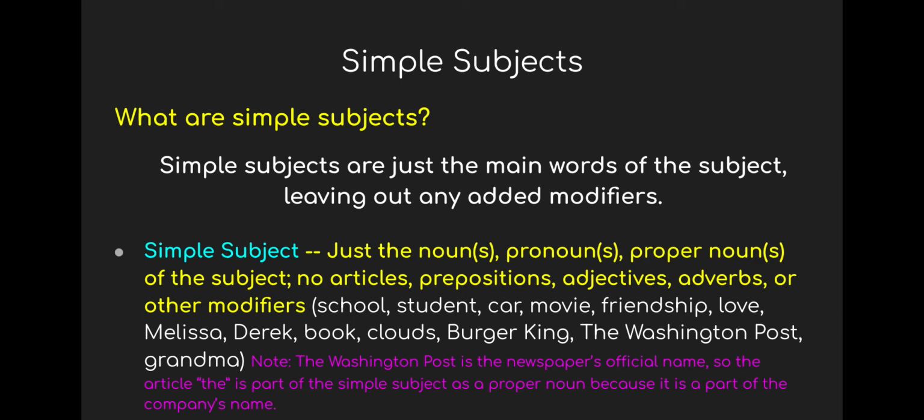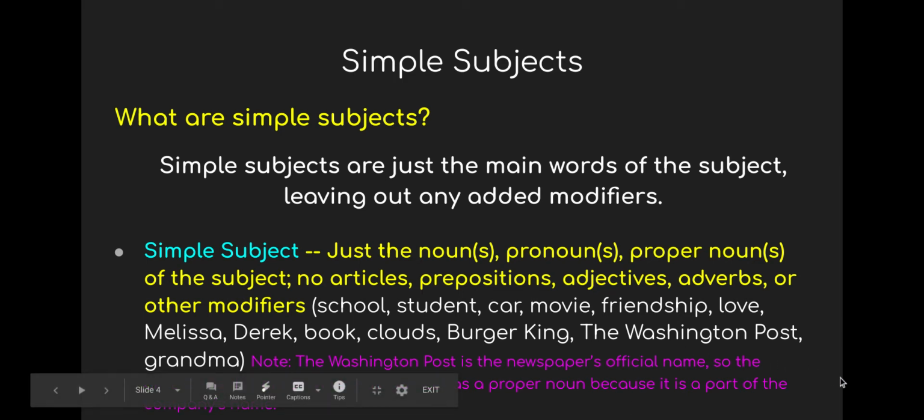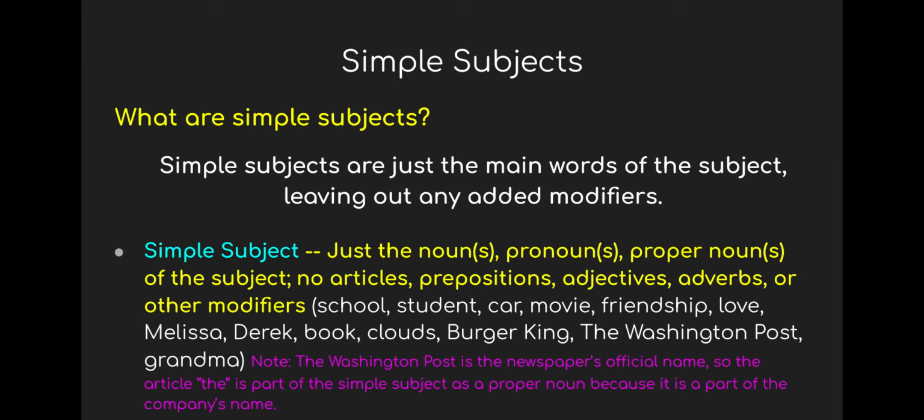So school, student, car, movie, friendship, love, Melissa, Derek, book, clouds, Burger King, the Washington Post, grandma. So one thing I want to note is the Washington Post is the newspaper's official name. That's the company or organization name. So the article "the" is part of the simple subject as a proper noun because it is a part of their name. So remember, proper nouns, you spell them exactly as the company spells them.